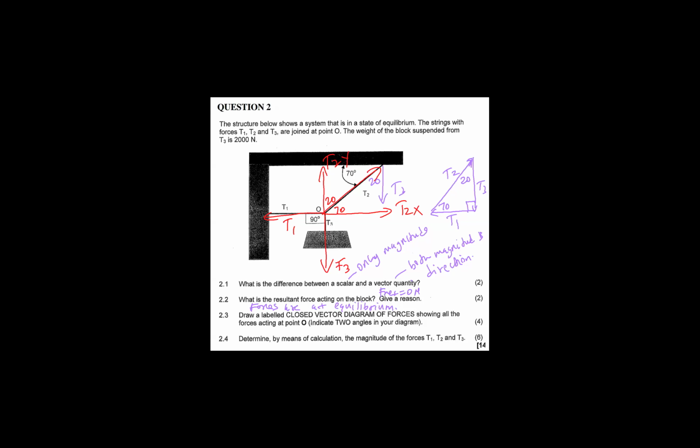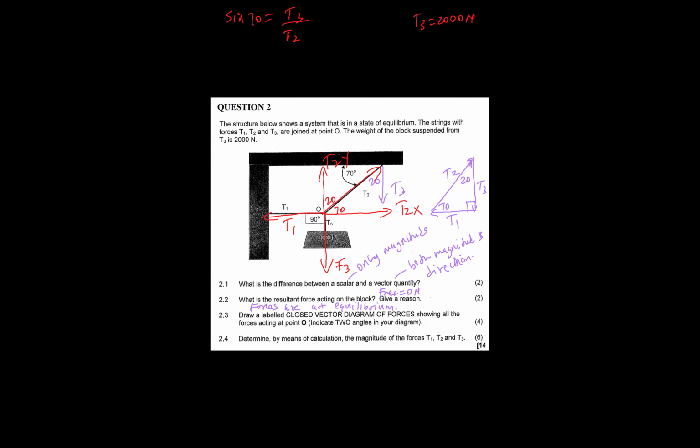So we have T3. T3 is given as 2000 newtons. If we need T2, we can use sine of 70. Sine of 70 is opposite over hypotenuse.